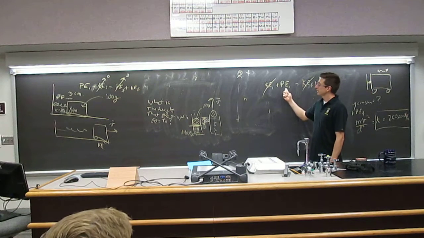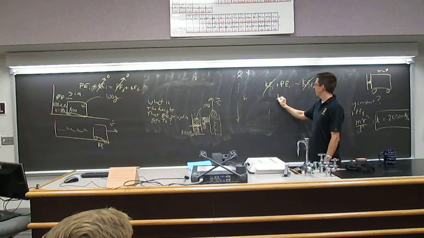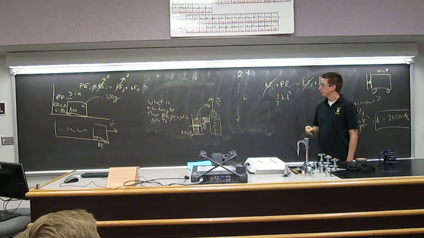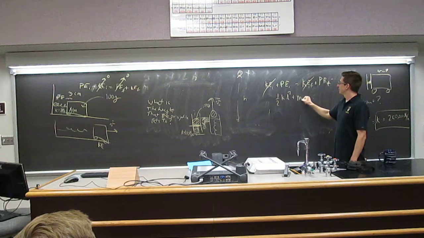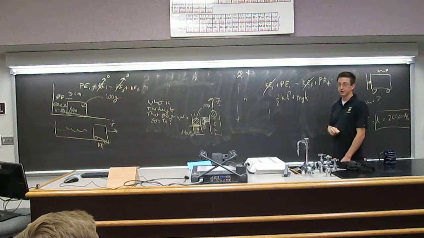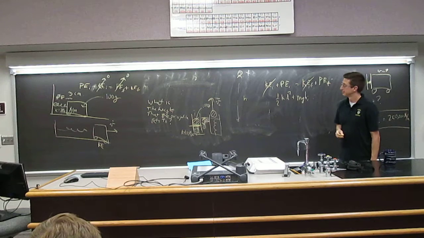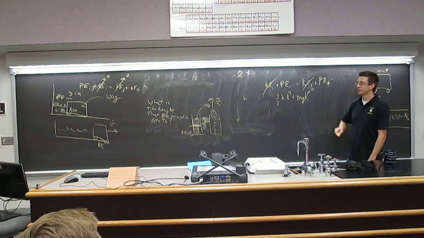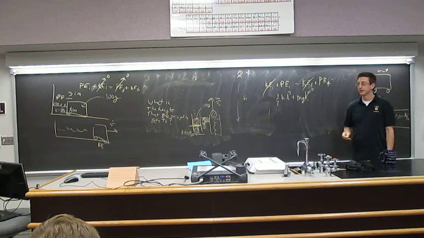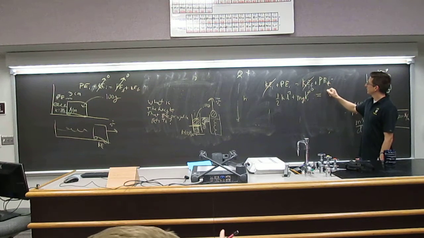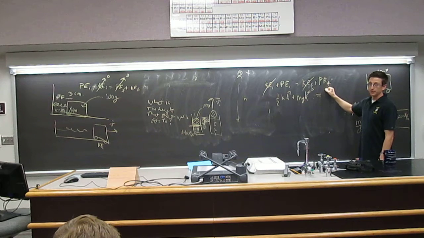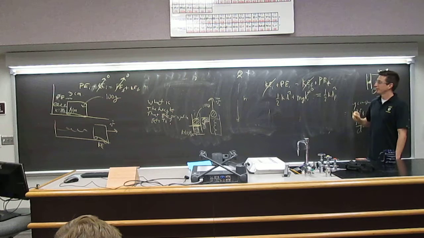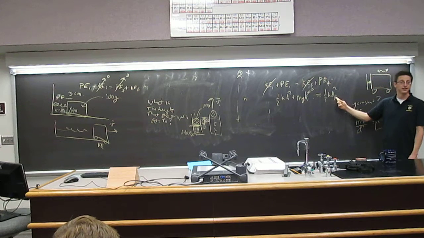So, potential energy initially, it'd be 1/2 K times D squared plus mg times whatever the initial height was. I'm going to call this 0. This I'm going to define as my 0 point. That'd be equal to the final: 1/2 K times the distance final that the spring is stretched. What's this?